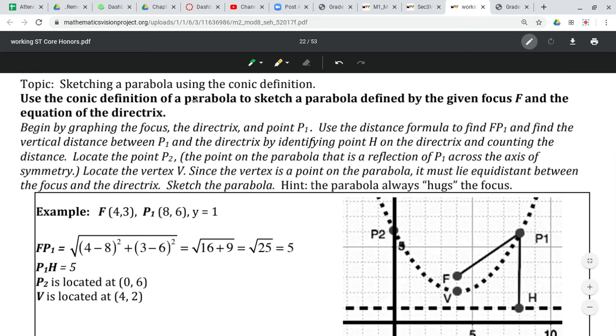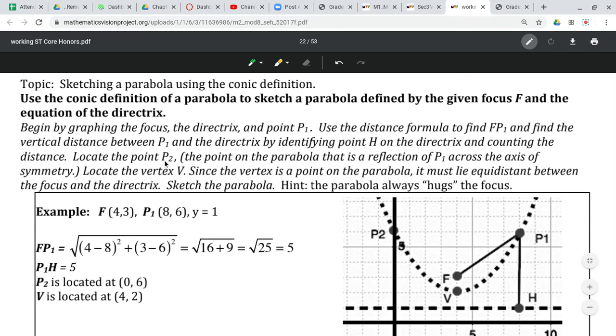So use the conic definition of a parabola to sketch a parabola defined by the given focus, F, and the equation of the directrix. So begin by graphing the focus, the directrix, and point P1. Use the distance formula to find FP1 and find the vertical distance between P1 and the directrix by identifying point H on the directrix and counting the distance.